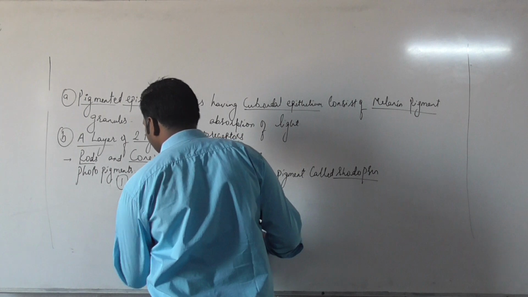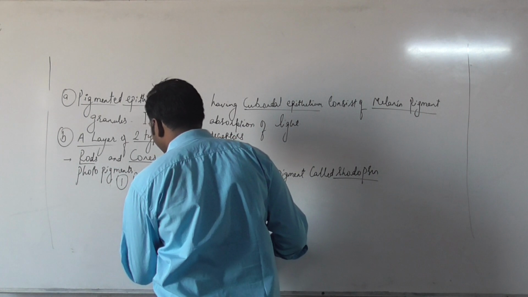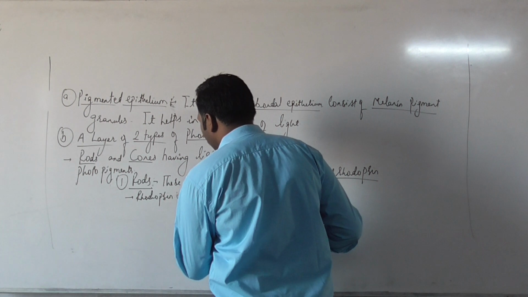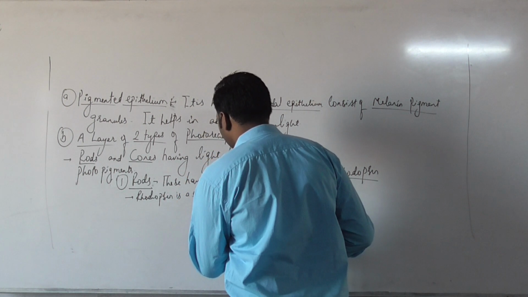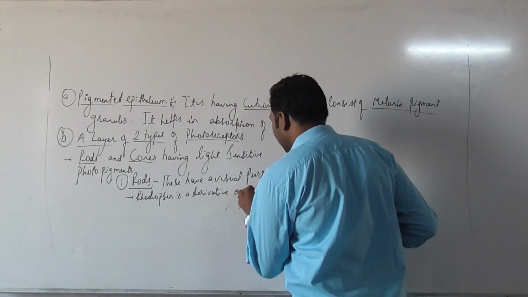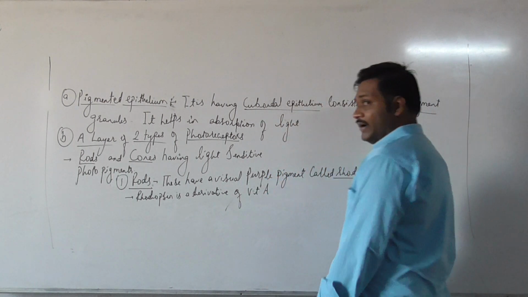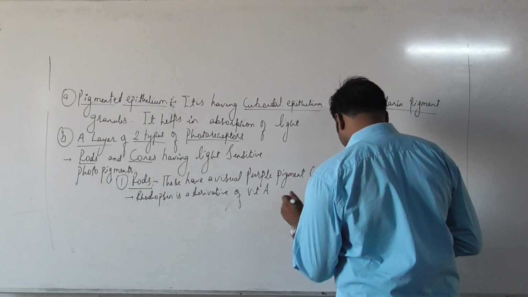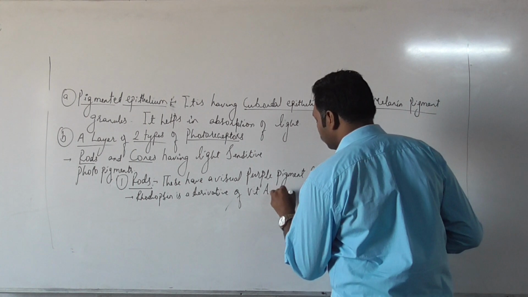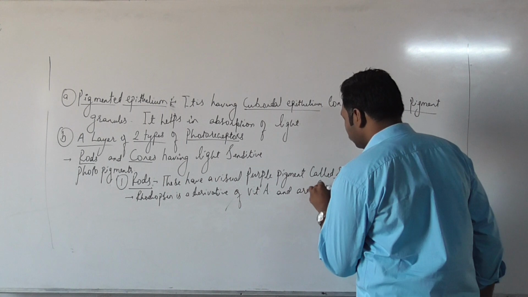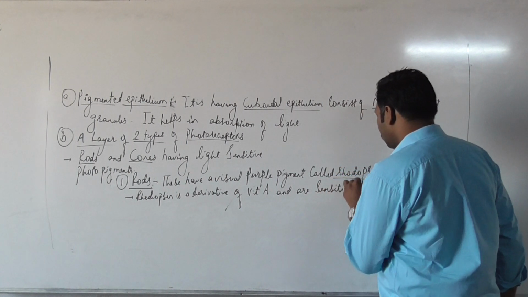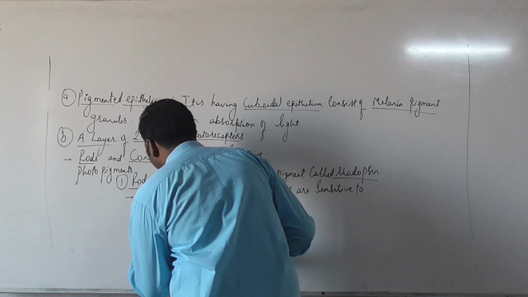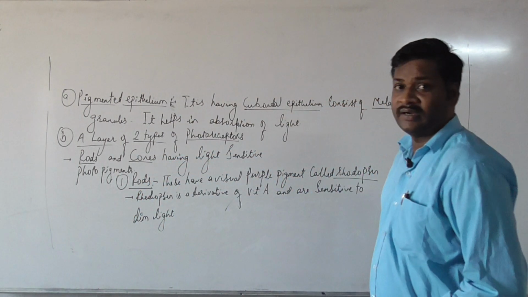This rhodopsin is a derivative of vitamin A, and rods are sensitive to dim light.